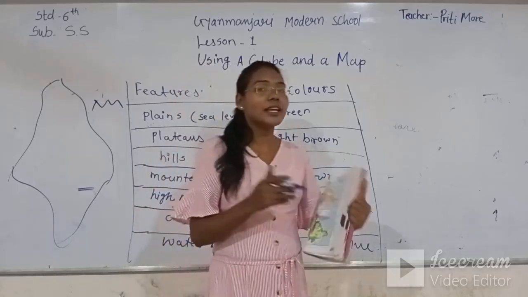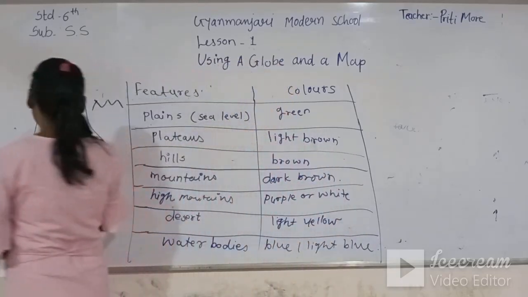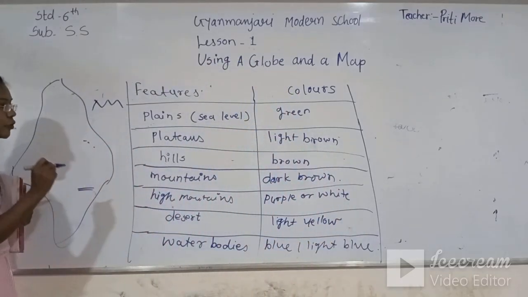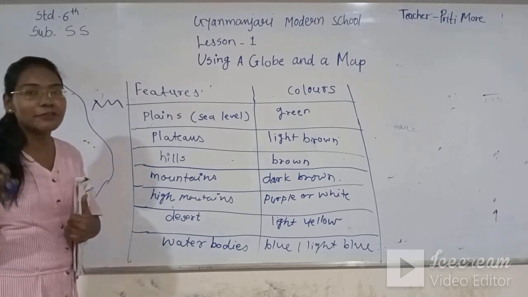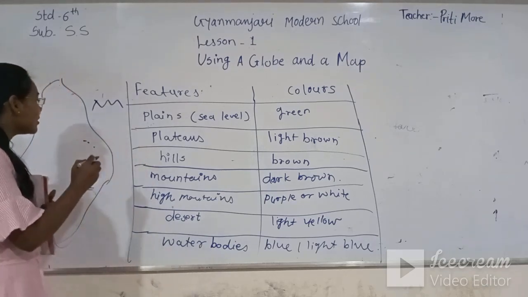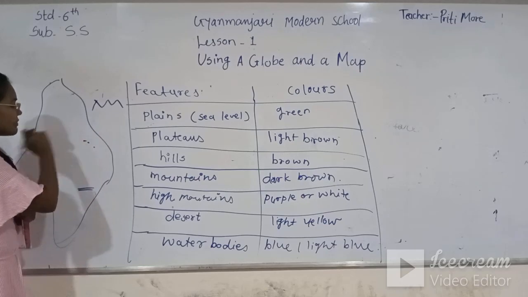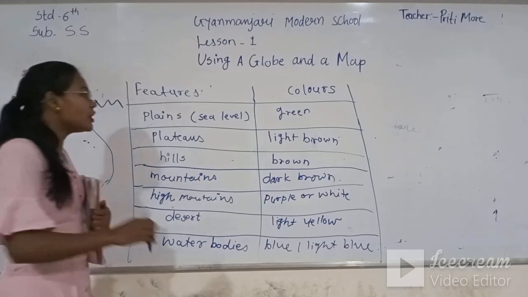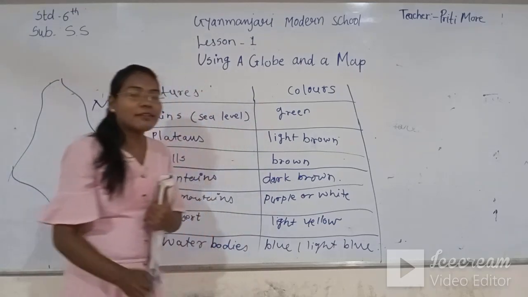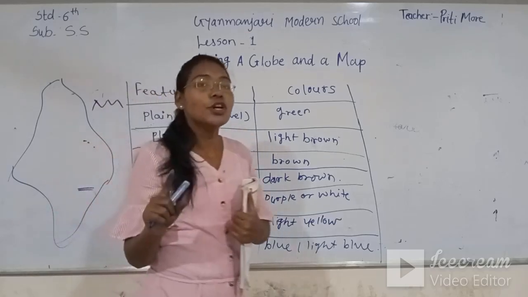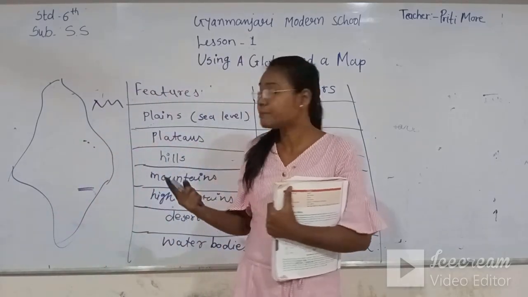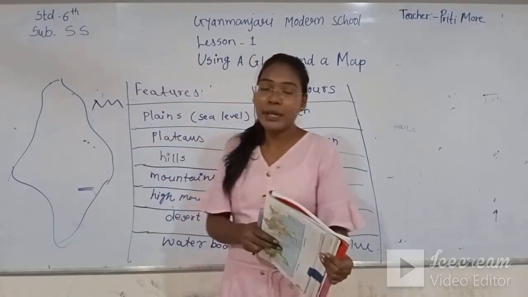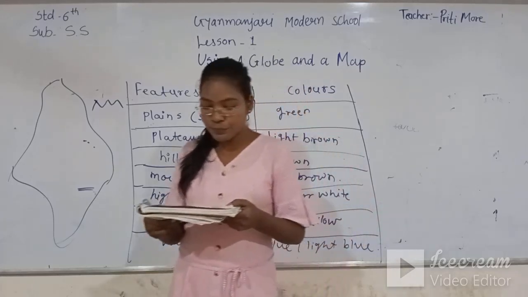And we cannot write everything on the map. It will become very difficult for you to understand the language. Where is the river? Where is that? Once you get all the colors and all the conventional symbols, very easily you can read the map and you can understand the map.